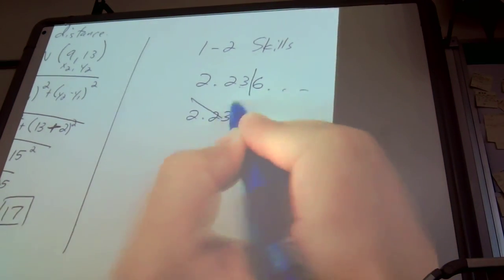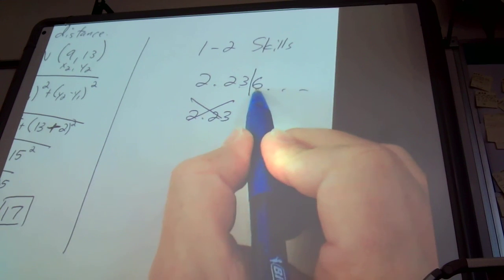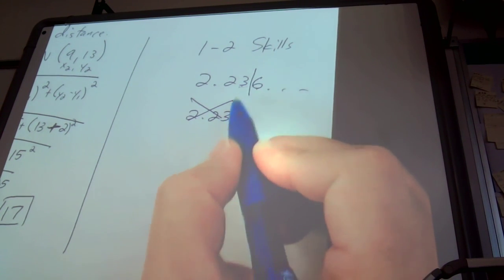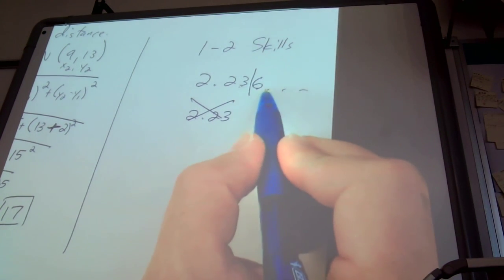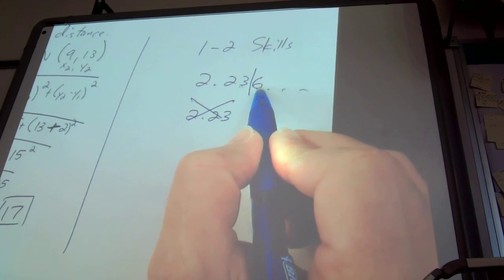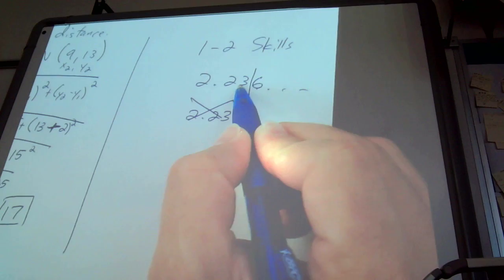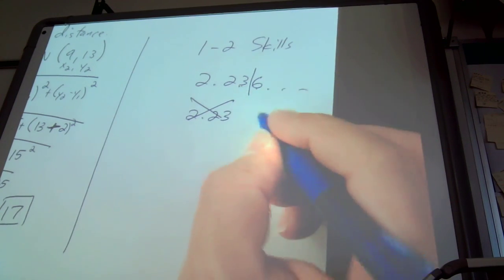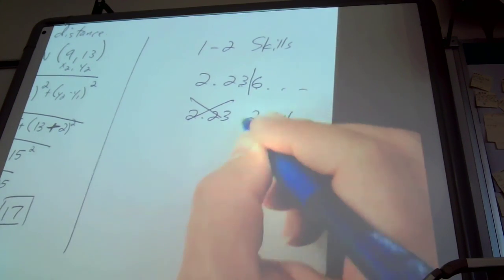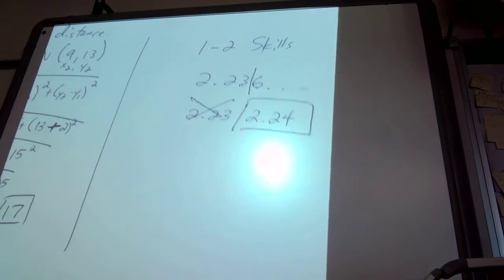So remember how this works. I'm going to look past where I'm rounding. So if I'm rounding to the nearest hundredth or the second place, I've got to look at the third place. If that number is 5 or more, what do I have to do to this number? Yeah, we've got to take it up. So to round this correctly would actually be 2.24, and that would be the answer that I would want.